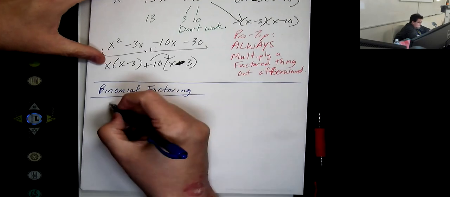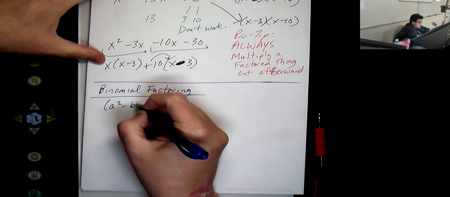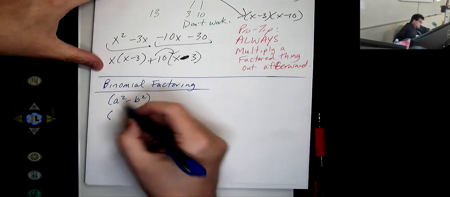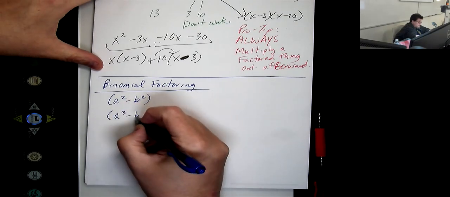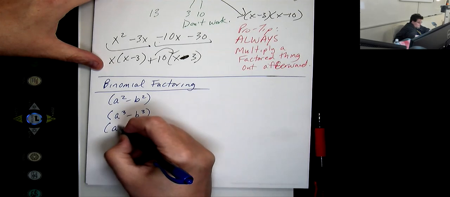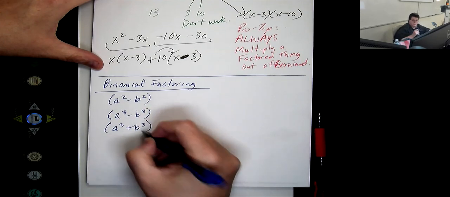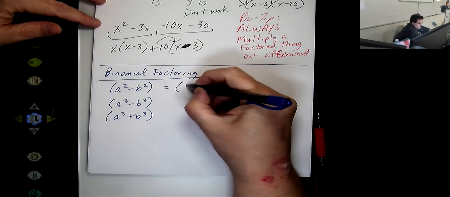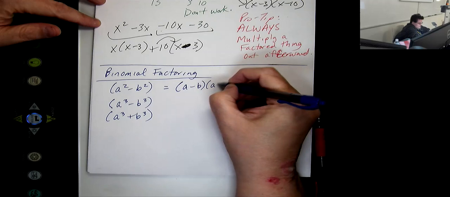We have a squared minus b squared. We have a cubed minus b cubed. We have a cubed plus b cubed. This one is a minus b and a plus b.